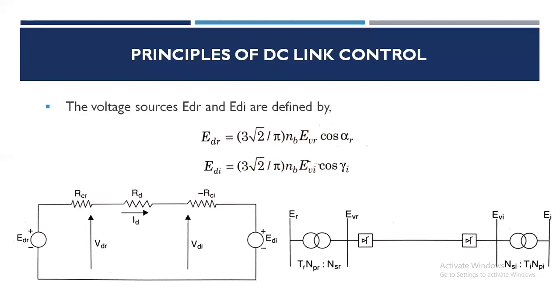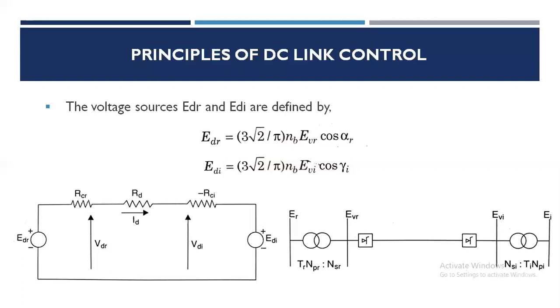EVR and EVI are the line to line voltages in the valve side windings of the rectifier and inverter transformer respectively.